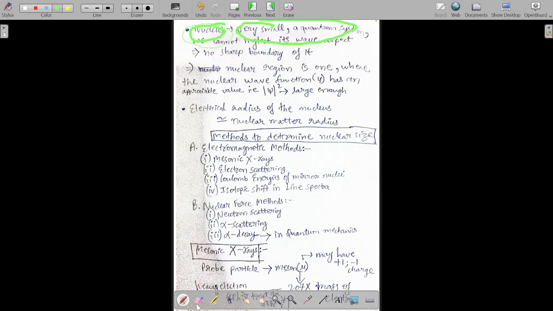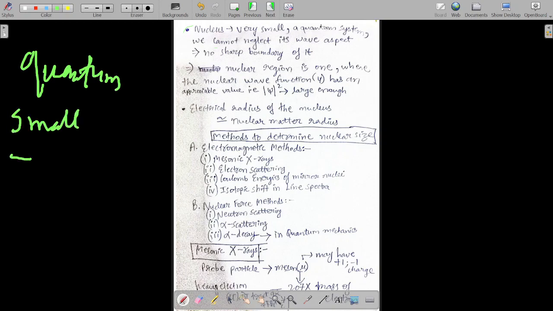You know this very well, that whenever a system is very small, we cannot neglect its wave aspect. I had taught you this in quantum mechanics.